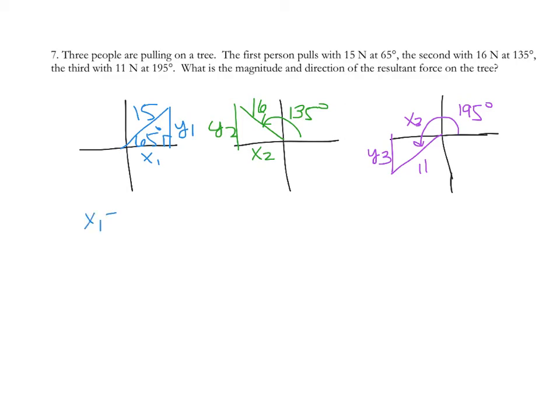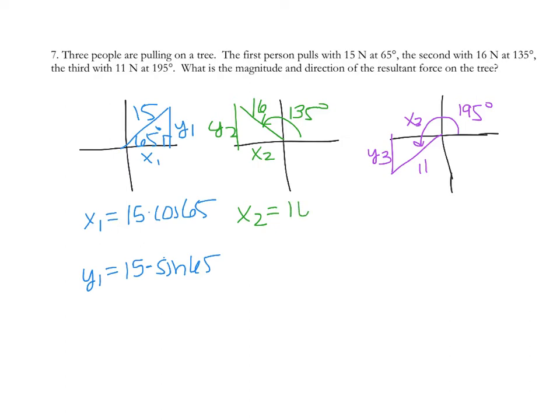We're going to find x1 is going to be 15 times the cosine of 65. I'm going to calculate these a little bit quicker this time. I'll pause and calculate them on the calculator. So I'm just going to write them all out right now. This is 15 times the sine of 65. And then this one's x2.